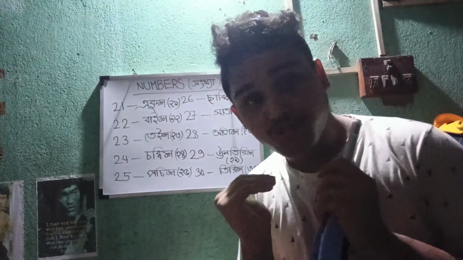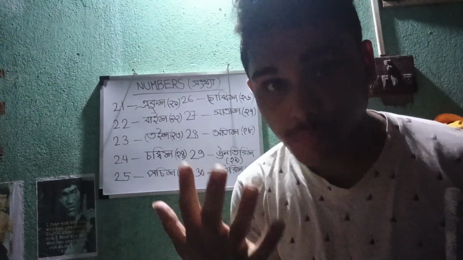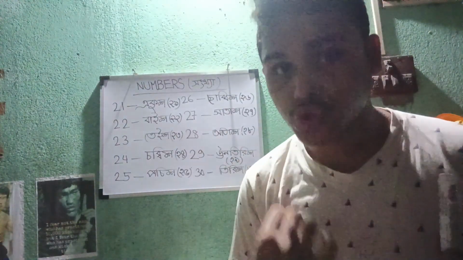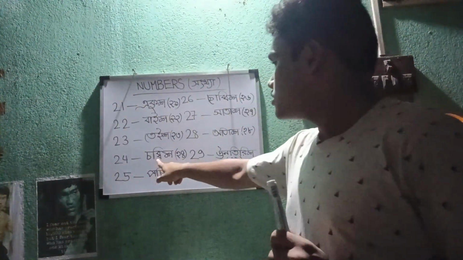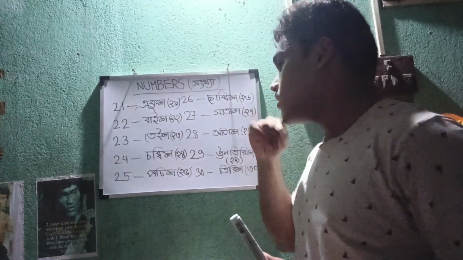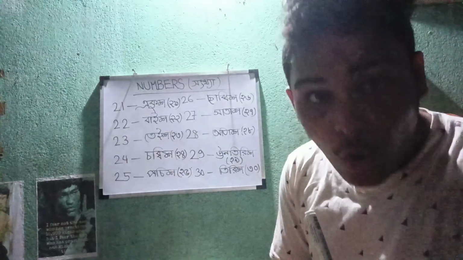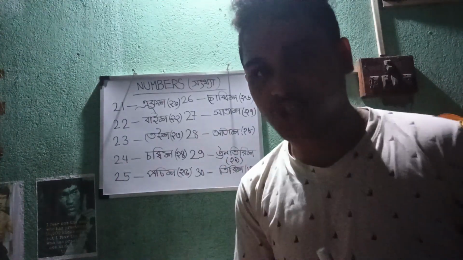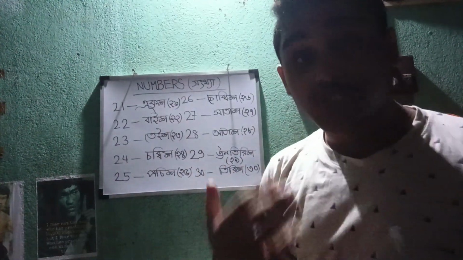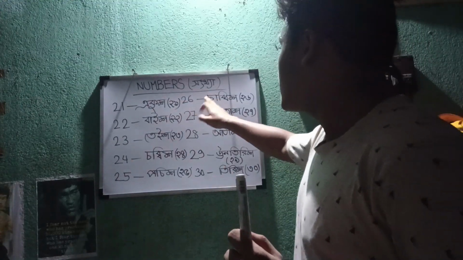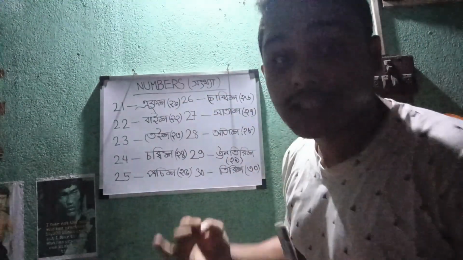First you have to pronounce chob, then bish, chobbish. After chobbish we have 25, which is pochish. After 25, we have 26, chabbish.